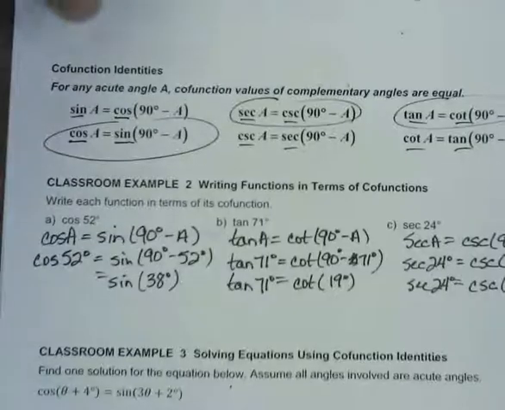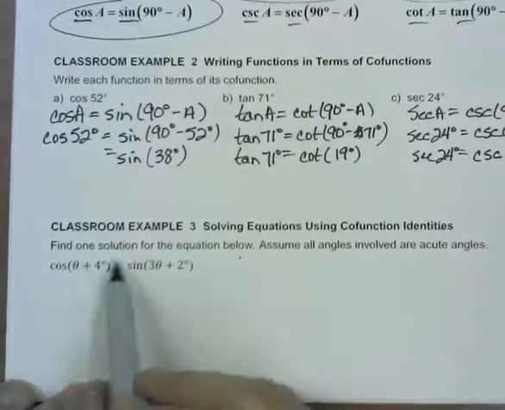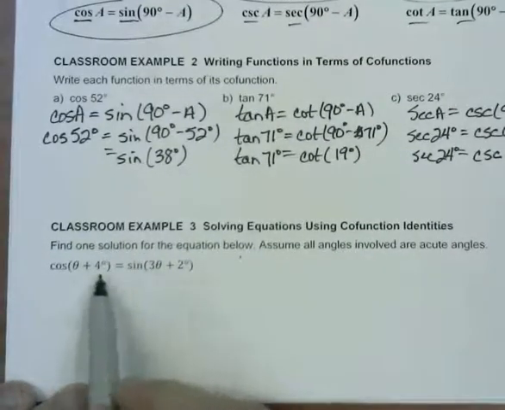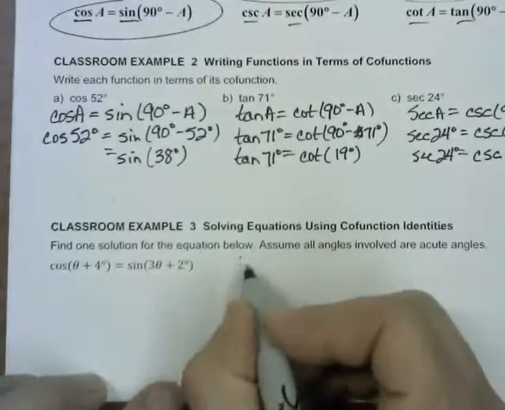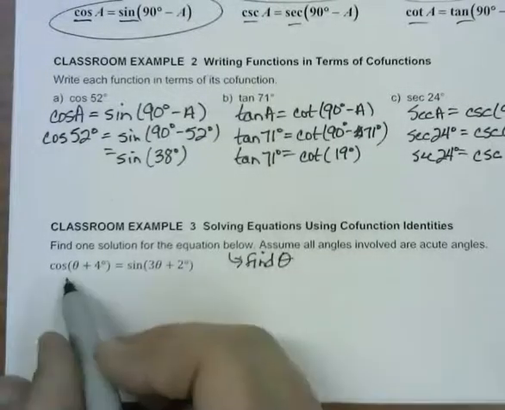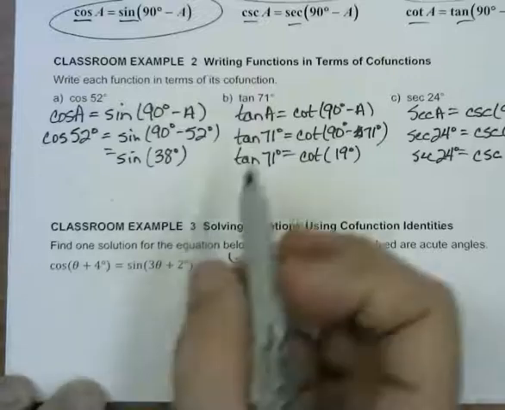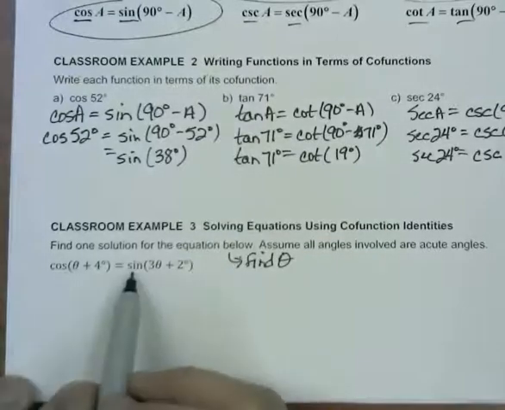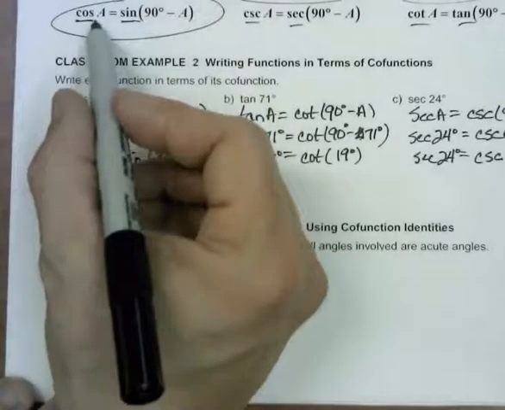Let's do one more example that involves these identities. In this one, we're actually trying to solve this equation. So what we're trying to find here is a value for theta. So what I would do is go back to our identities, find the one that looks like this. So that would be this one up here.